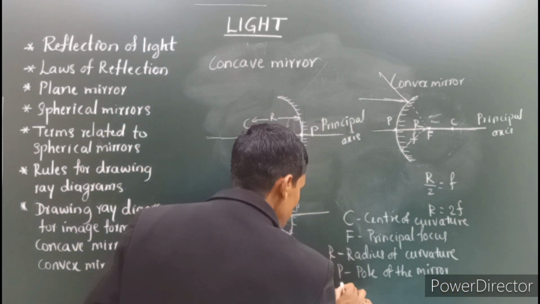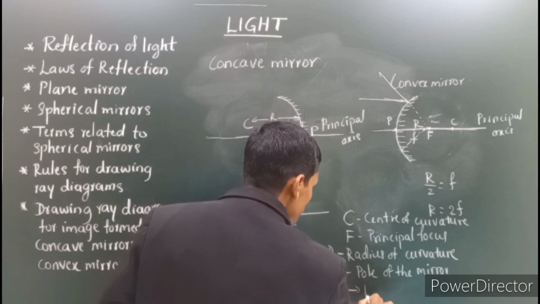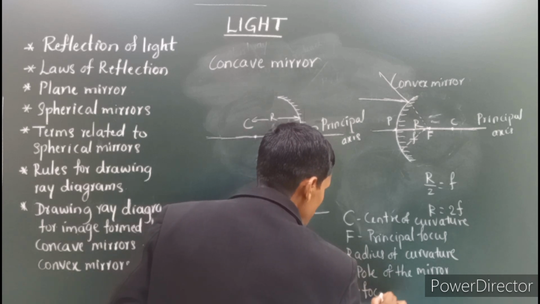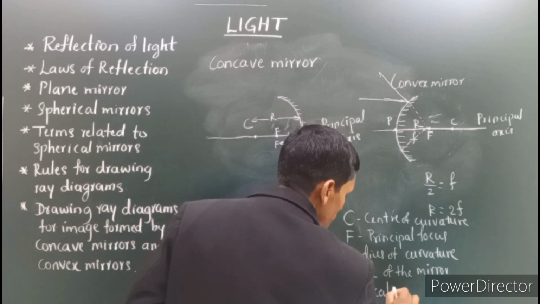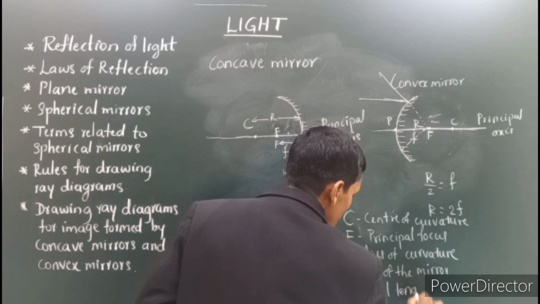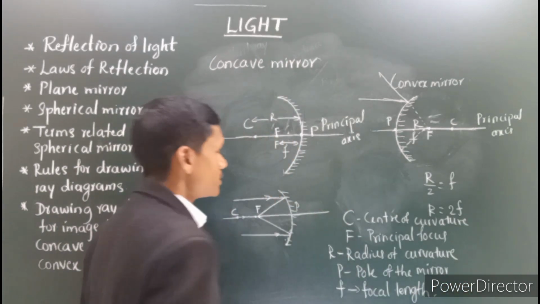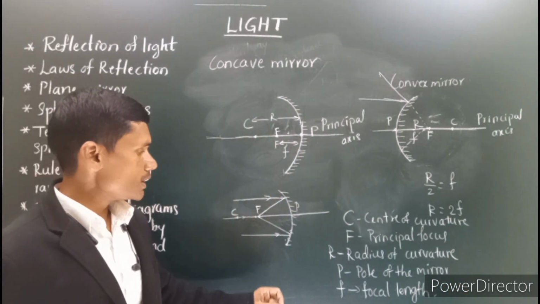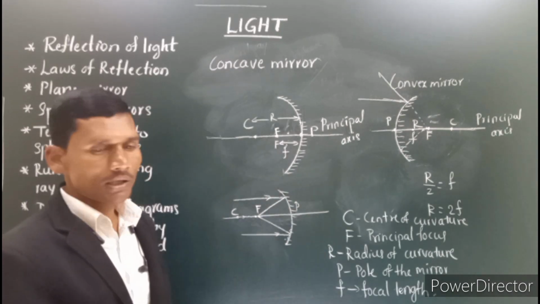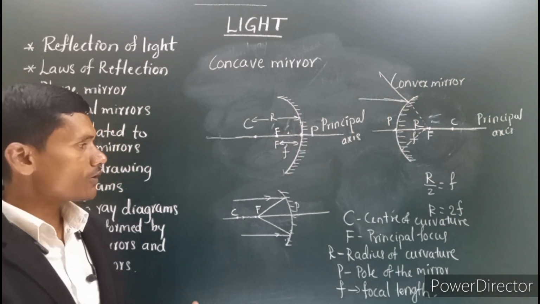Next, focal length, that is small f. These terms we have studied already, right? These are very much important. Once you understand these terms, further topics will become very easy to understand.